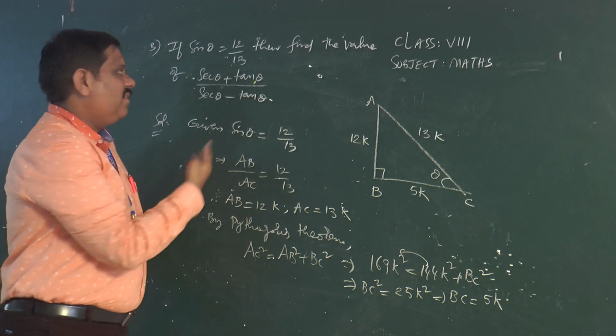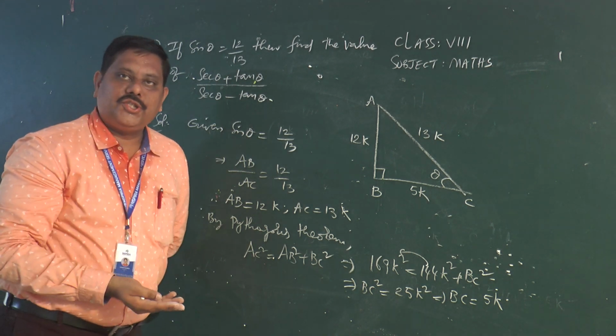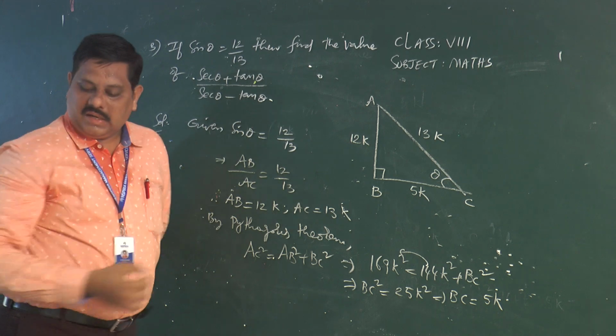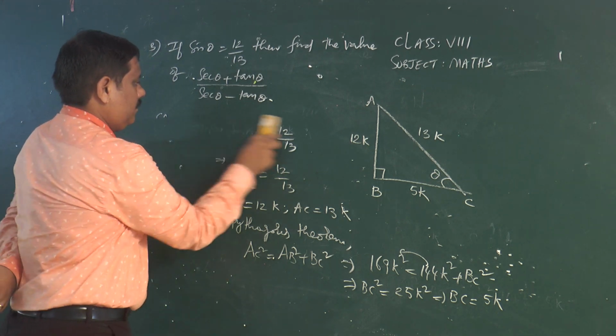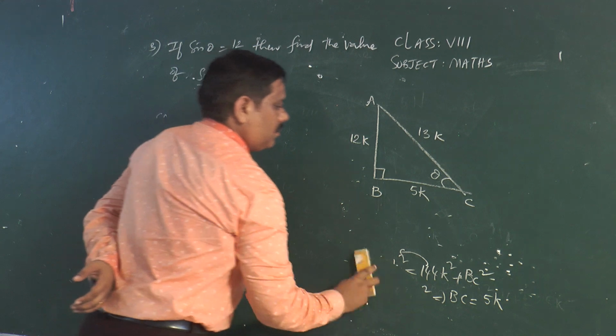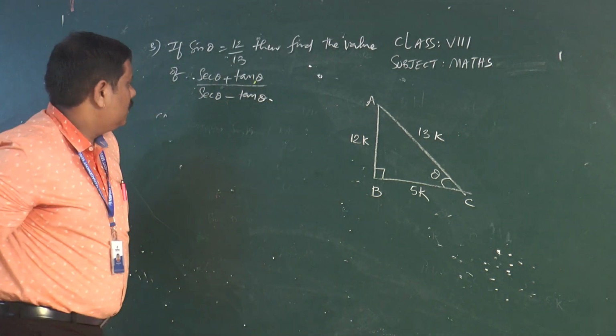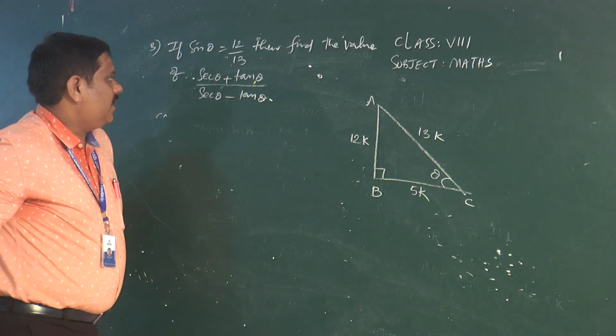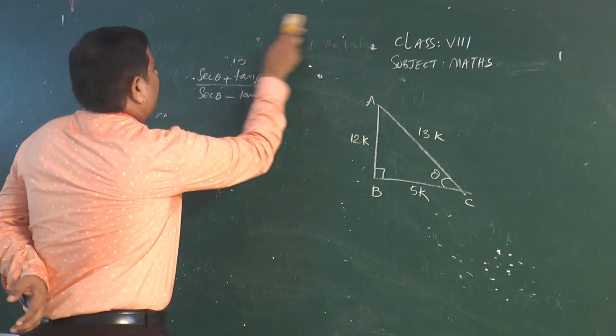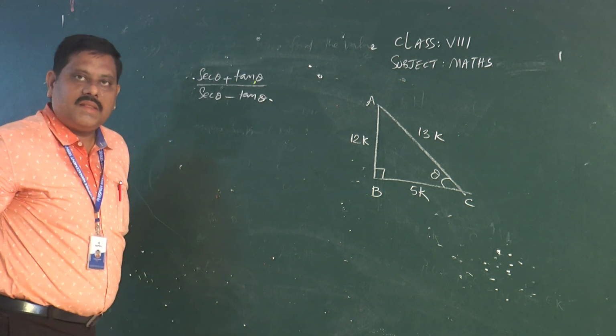Based on these three, we can define any trigonometric ratio. Now let us find out the required result. He is asking us to find (secant theta plus tan theta) by (secant theta minus tan theta).